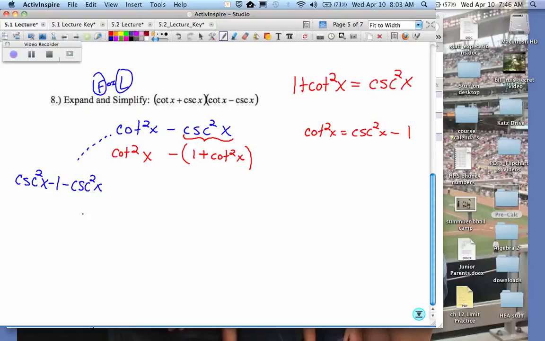So this is what I talk about. You're working with a group. Somebody goes that way, somebody goes that way. Well, in blue, what's going to happen? Cosecant squared minus a cosecant squared. What are they left with? Negative 1. The person that does the red one, they're going to distribute the negative sign.